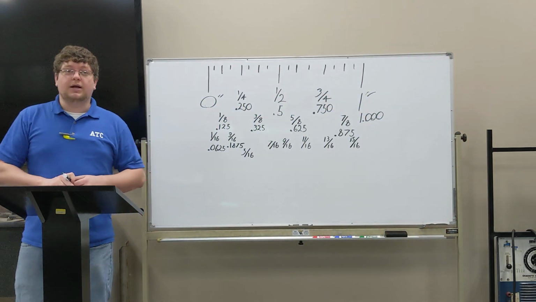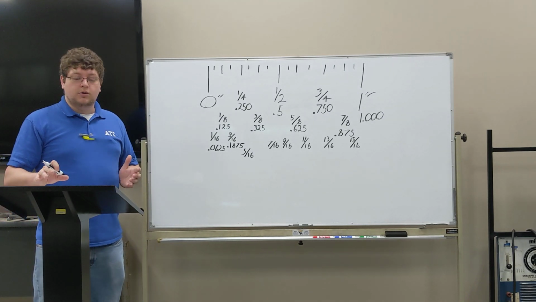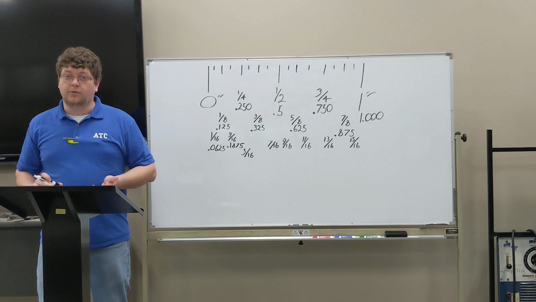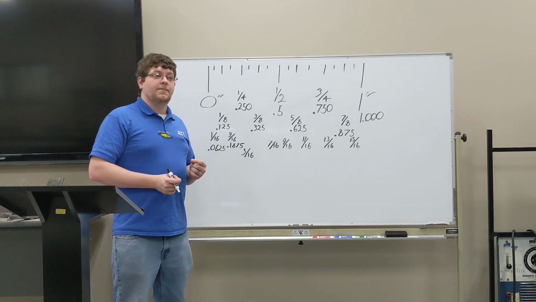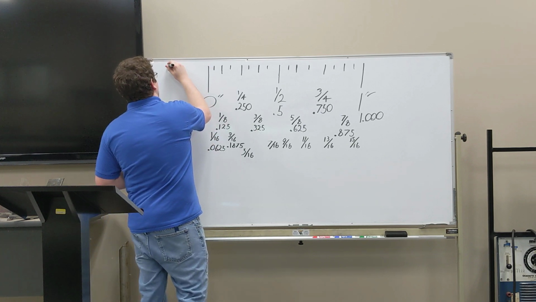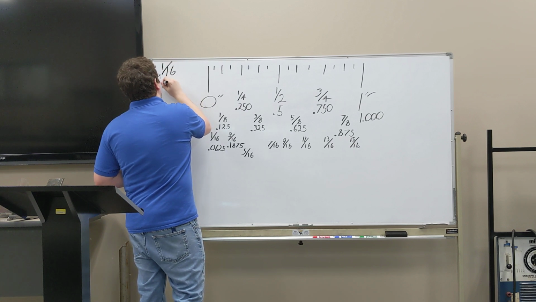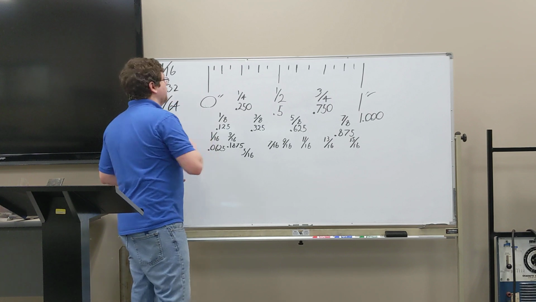Then we go to our next one now. There are 2 more that typically are on either a tape measure or a ruler. Most of them do either 16ths, 32nds, or 64ths. So those are the 3 fractional scales that you need to really know: your 16ths, 32nds, and 64ths.